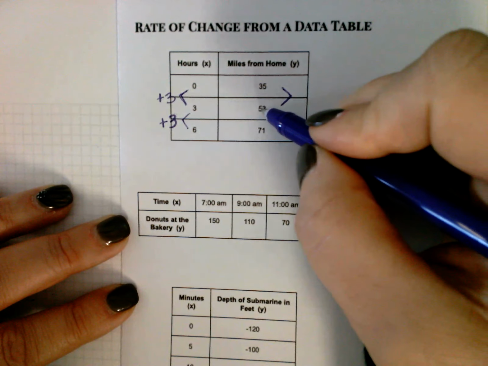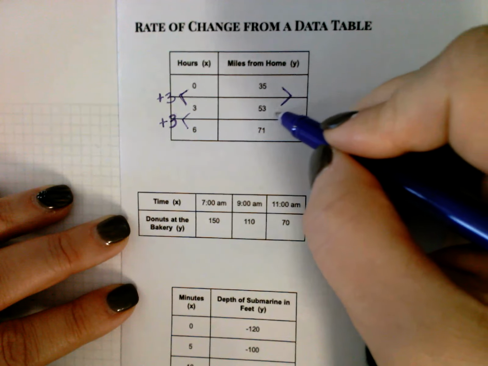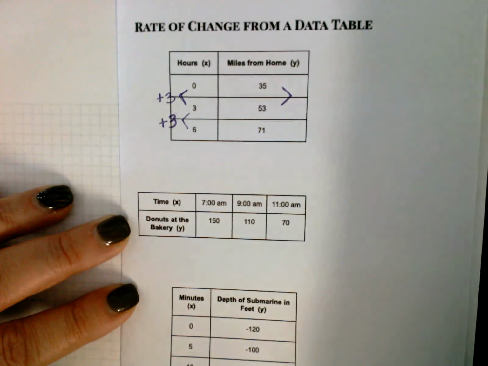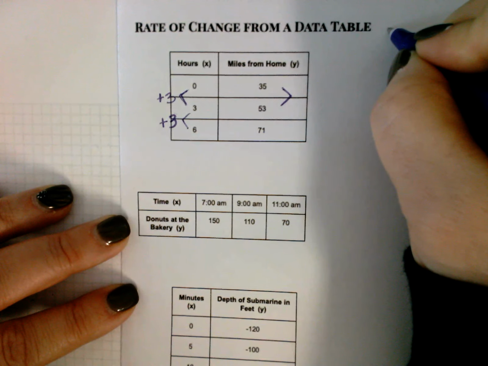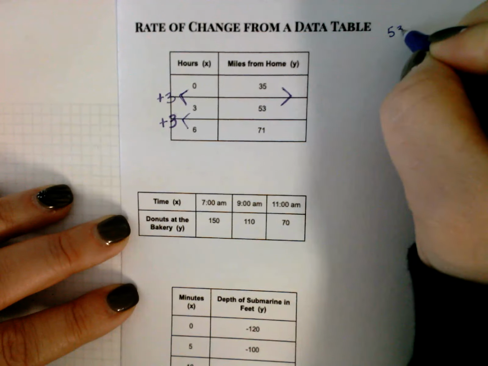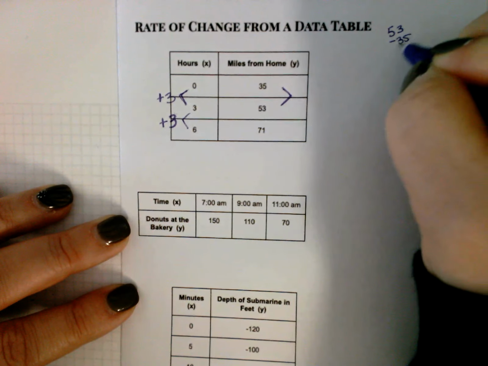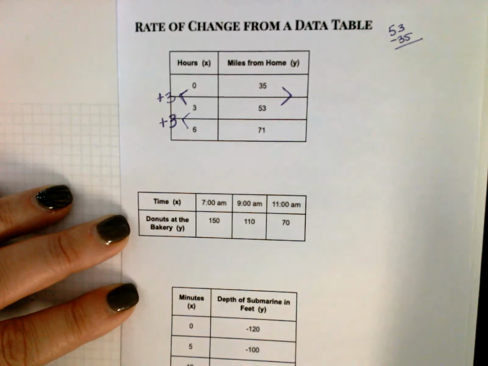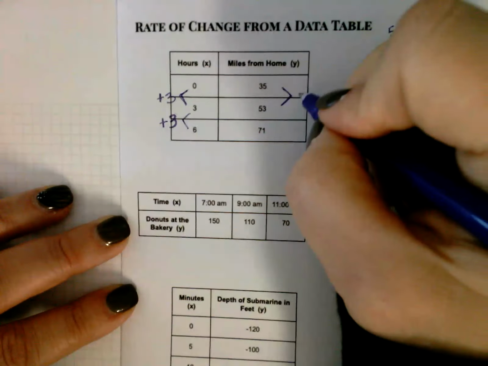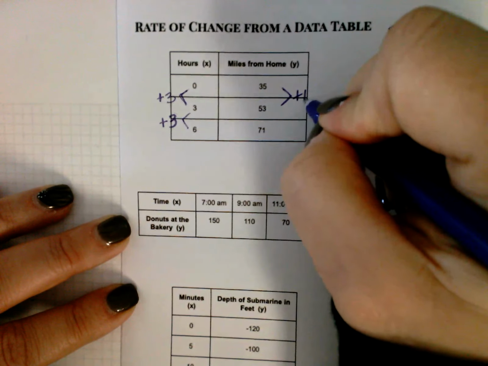A couple things you could do if you're not sure of the distance of these numbers is use your calculator. If you did 53 minus 35, it would tell you the difference in travel, and that is +18.